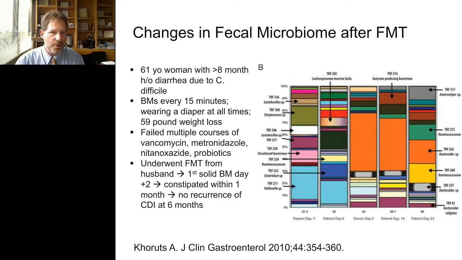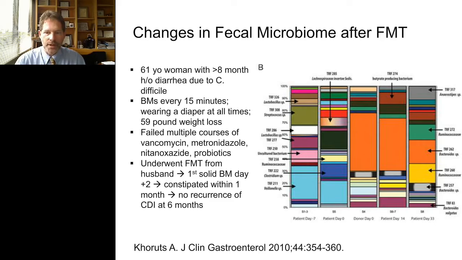So this was a 61-year-old woman with over 8 months of diarrhea, just a horrible situation, bowel movements every 15 minutes, having essentially to wear a diaper at all times, had lost 60 pounds, and failed multiple courses of therapy to try to keep this infection at bay. Well, she underwent an FMT from her husband, and within a day or two had her first solid bowel movement. Within a month was actually constipated and had not had a recurrence of C. diff infection at 6 months.